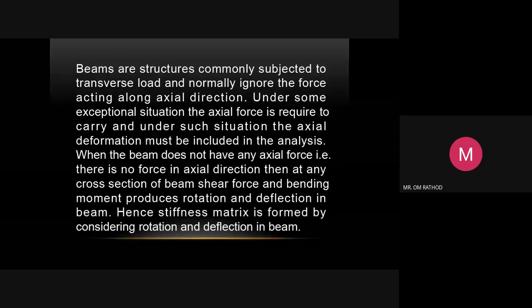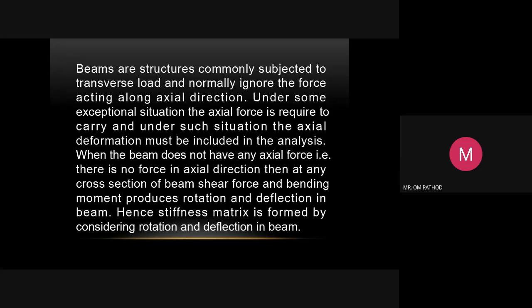So whatever the analysis we are going to carry out in this unit, that is the analysis of beam without axial deformation. As you know, beam is having only the transverse loads, there is no axial force, or we are neglecting the axial deformation as there is no axial force, or the deformation in the horizontal direction is very less compared to the deformation in the vertical direction.